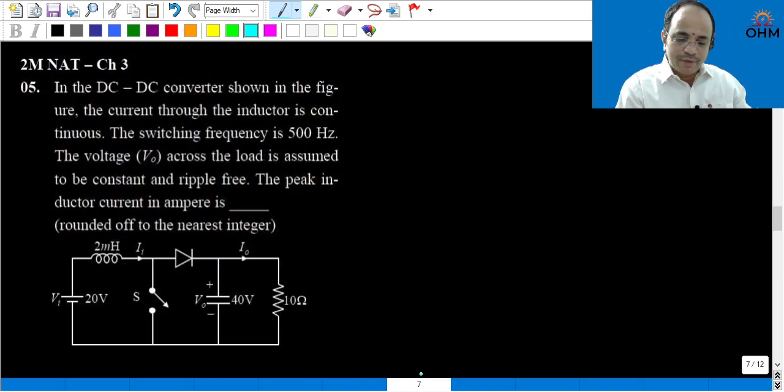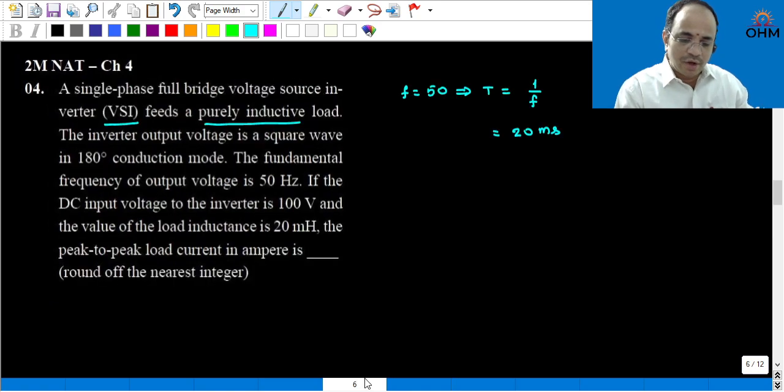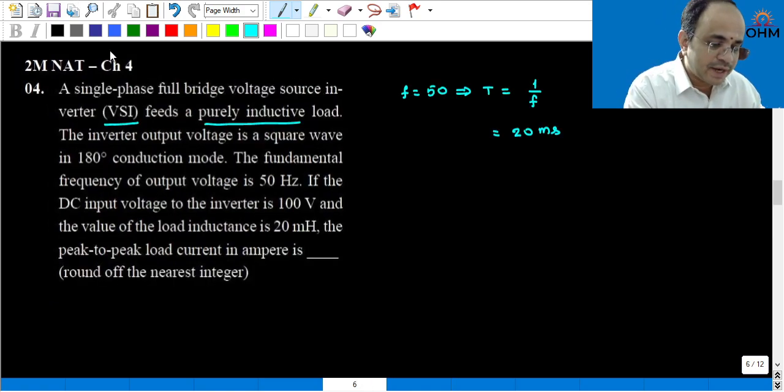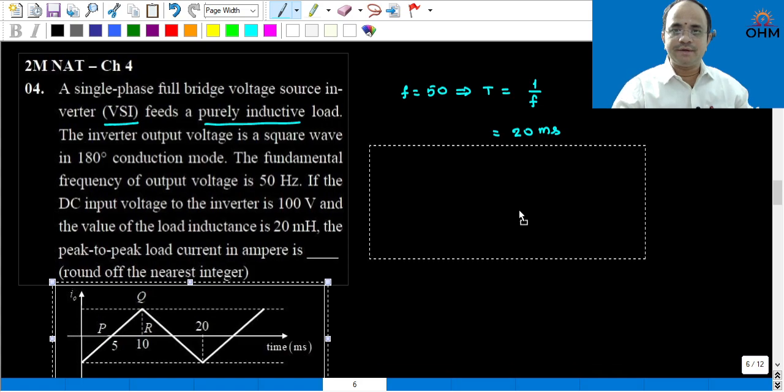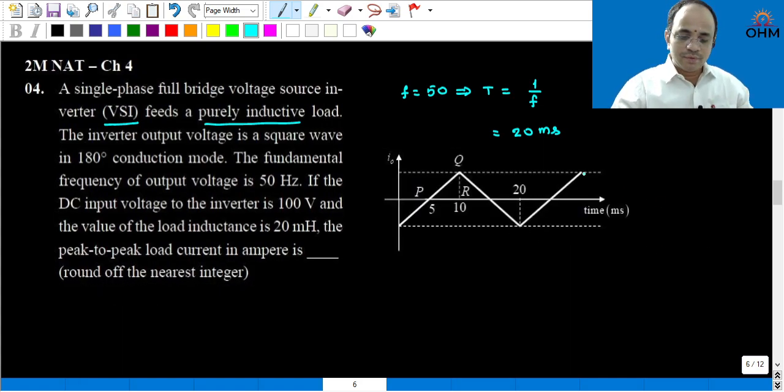So with this combination, you can draw output current and you will get that output current is a triangular wave. So for a quick reference, I just plotted here. Now this is a output current waveform, that is current flowing through pure inductive load in voltage source inverter.